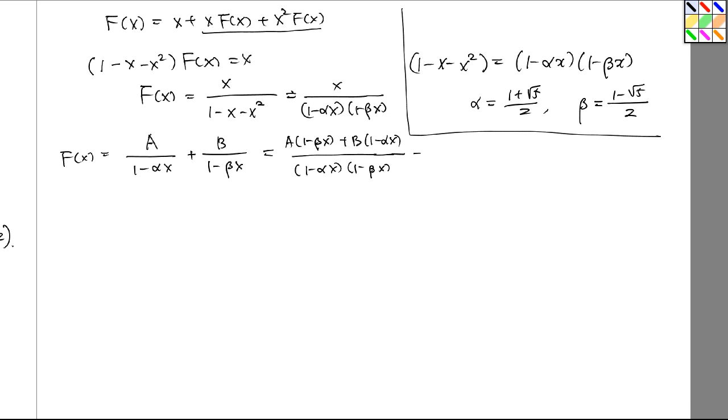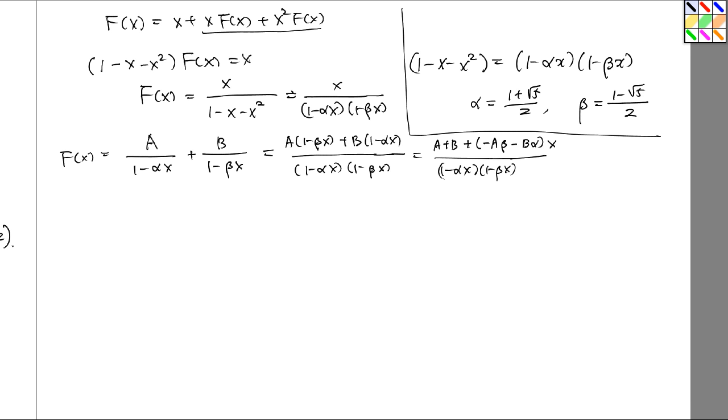We can collect the two constant terms, A plus B, and minus A beta minus B alpha times x.